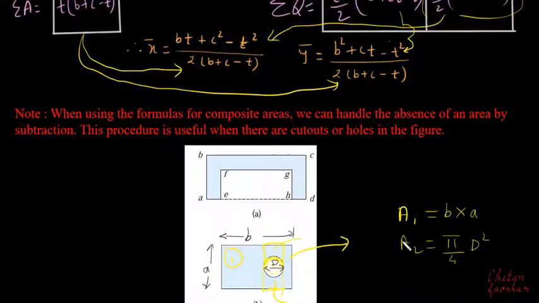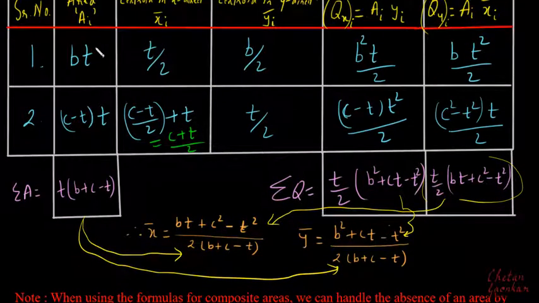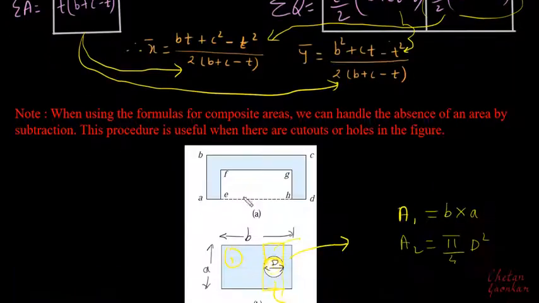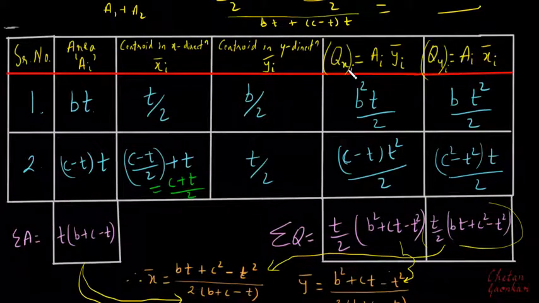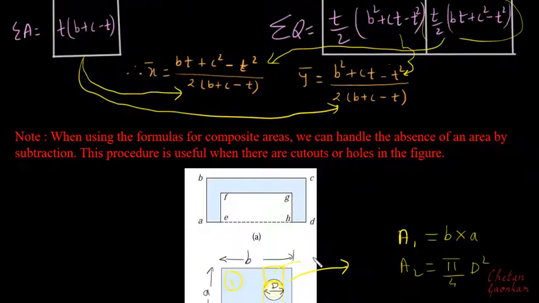And then when we do the summation, it won't be area 1 plus area 2, but actually it will be area 1 minus area 2. Similarly, for the first moments with respect to x-axis and y-axis, when we sum up, it won't be the addition, but the subtraction of 2 from 1, for this kind of problems.